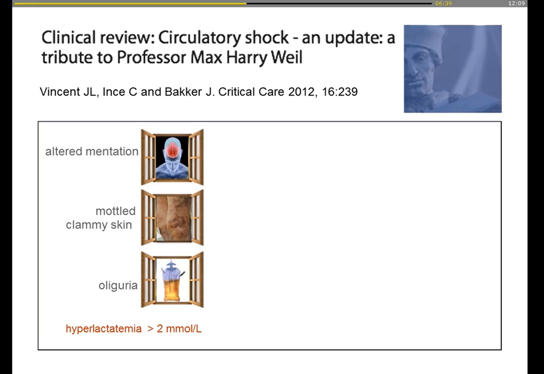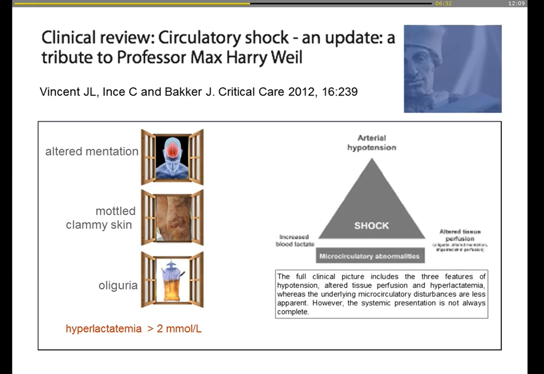Blood pressure, CVP, lactate, we know are not very specific indicators of all of this. Max Harry Weil introduced altered mentation, mottled skin, oliguria, and of course his most favorite parameter, lactate, but we all know the limitations of these parameters: altered mentation is obscured by putting in a tube and sedating the patient, and urine output is not indicative of anything in the first hours, and you need it now and not in 2 hours.